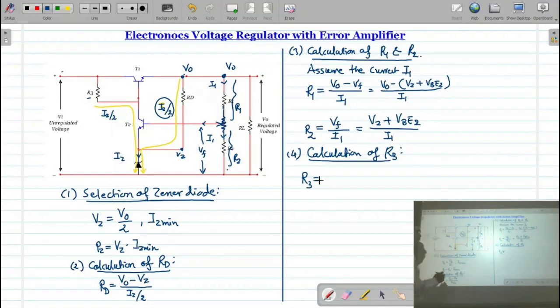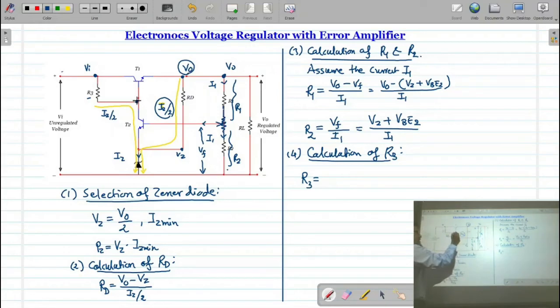So what is the voltage at this point and what is the voltage at this point? This is the potential difference across R3. We know that this voltage is nothing but VL. And here, remember, try to understand this. If this emitter potential is VO, correct?